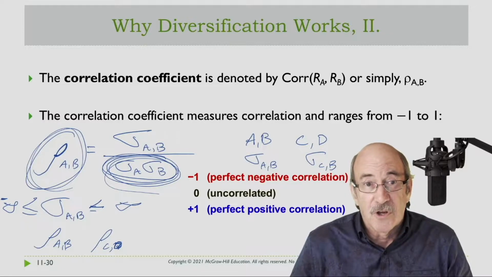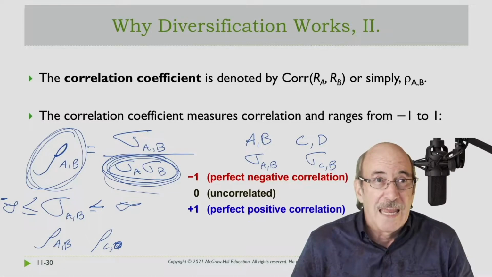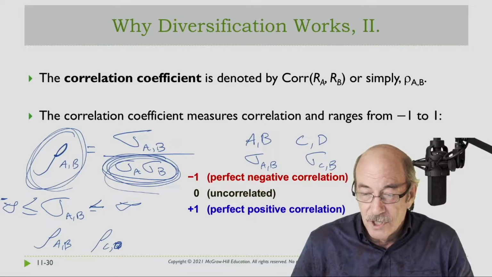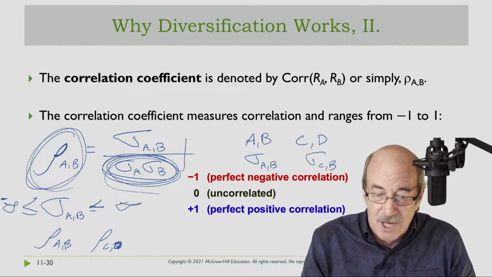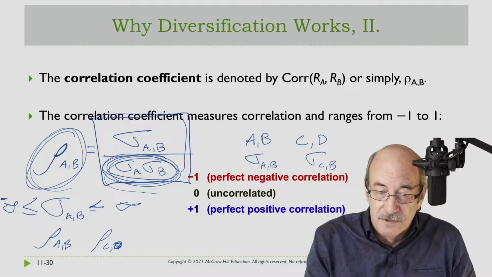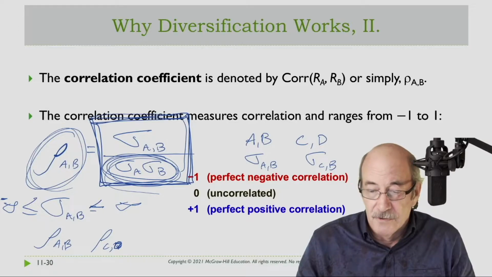But if we just know the covariance, we can't say that. So correlation is a very handy measure, but recognize that we don't calculate it directly. It actually comes out of this. So we're just scaling that covariance.